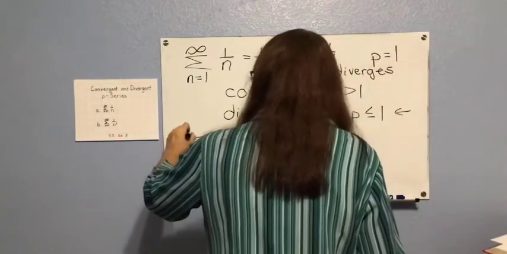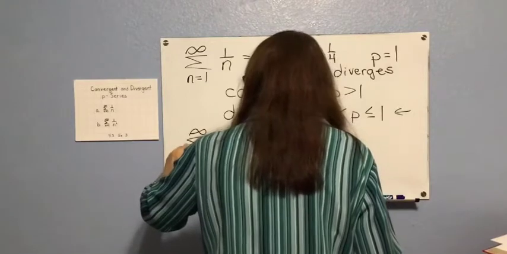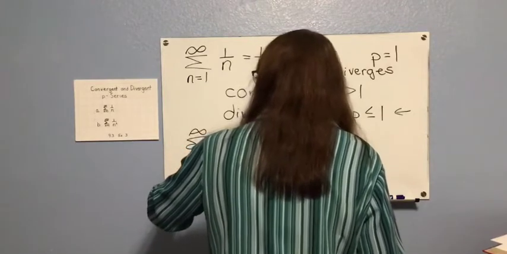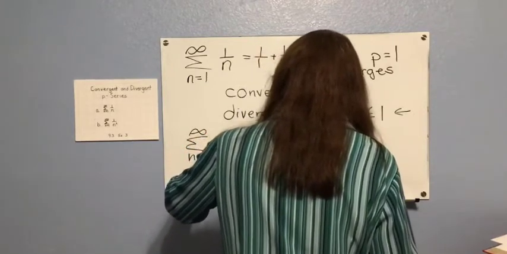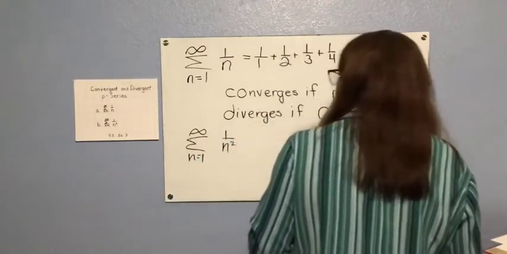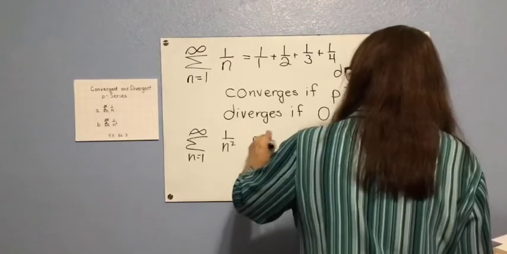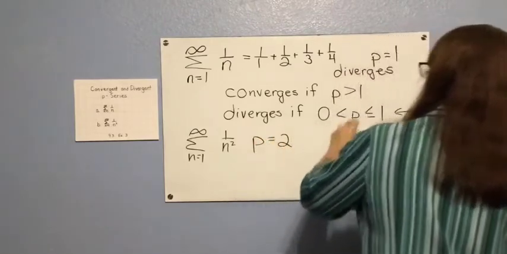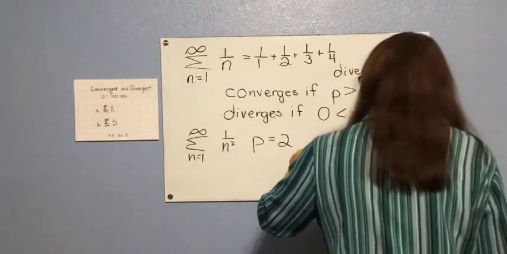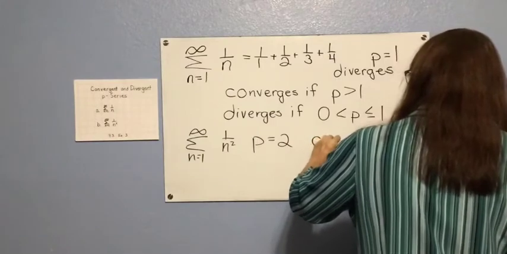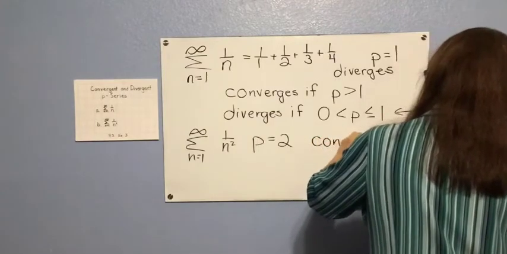Now if we look at the second one, 1 over n squared, we see here that p equals 2. And so now we're up here in this condition, and we know that this one converges.